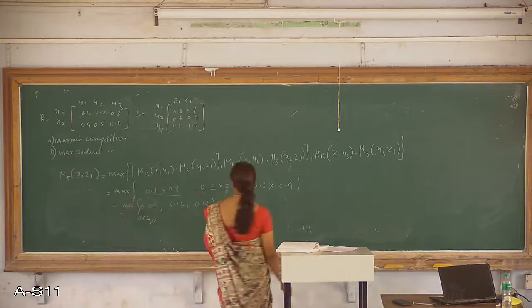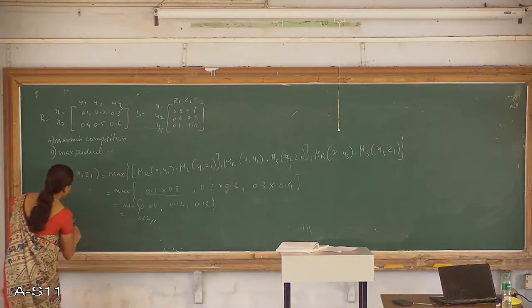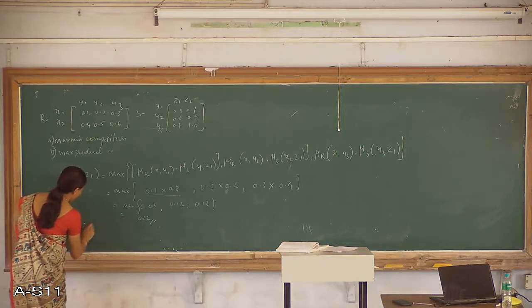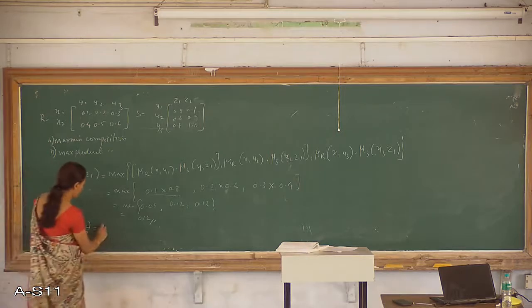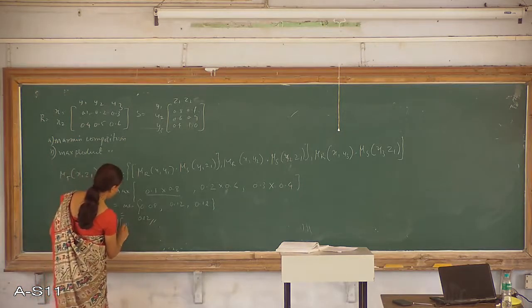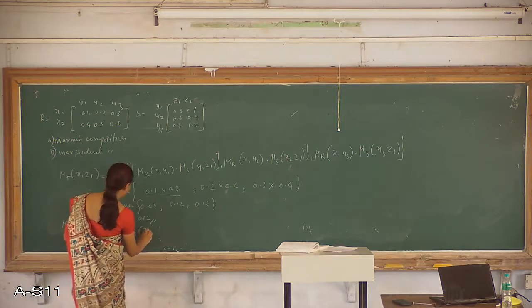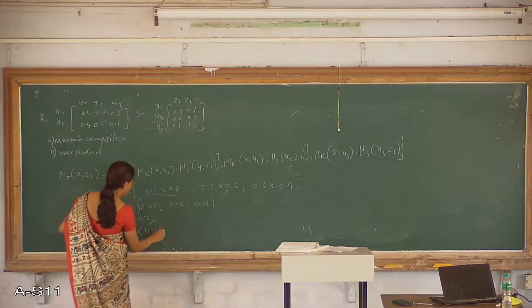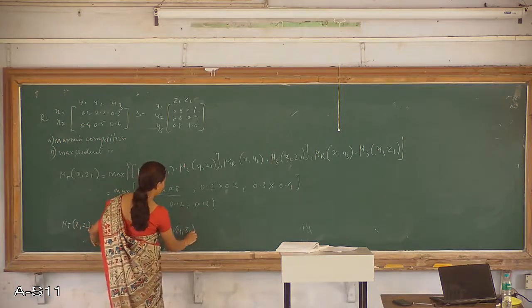Now suppose I want the max product composition of mu t of x1 z2. What will be the answer for this? For x1 z2, I can have max of mu r of x1 y1 dot mu s of y1 z2, correct?